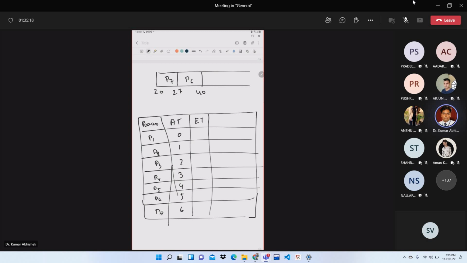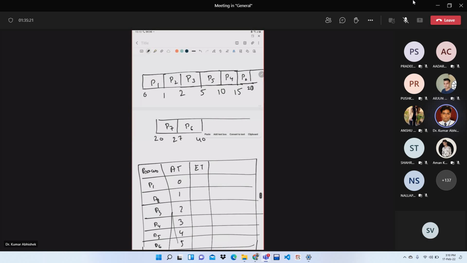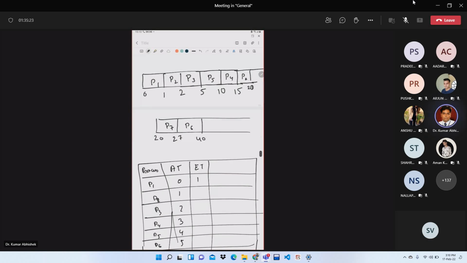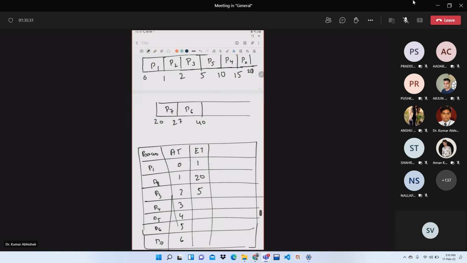End time: P1 is 1, P2 is 20, P3 is 5, P4 is 15, P5 is 10, P6 is 40, P7 is 27. Is it clear?